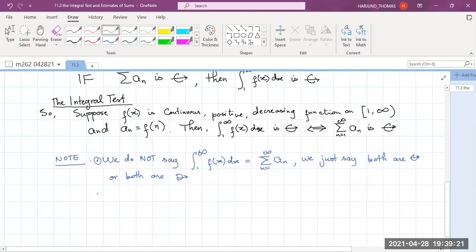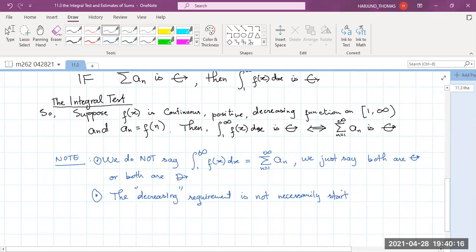Second, the decreasing requirement. In fact, not only the decreasing requirement, the positive requirement is not necessarily starting from 1.